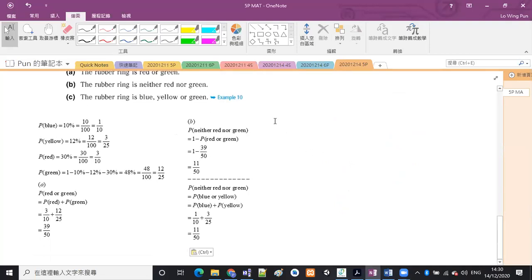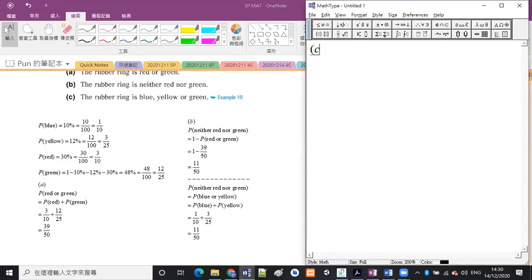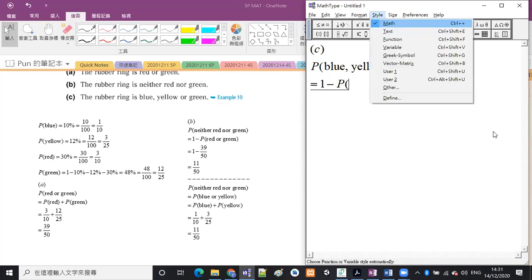All right, and then part C. I want to find the probability of getting a blue, yellow, or green. Again, out of the 4 colors, this time we allow 3 of them, so only 1 is not wanted. We use 1 minus the one that we don't want, which means that I don't want red.